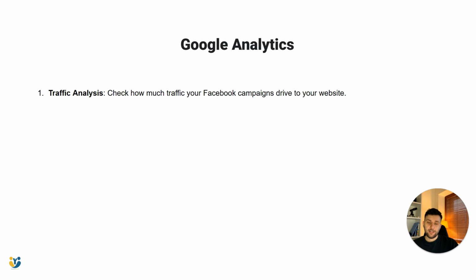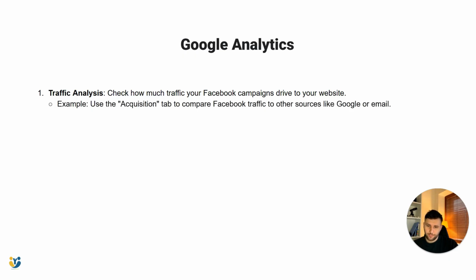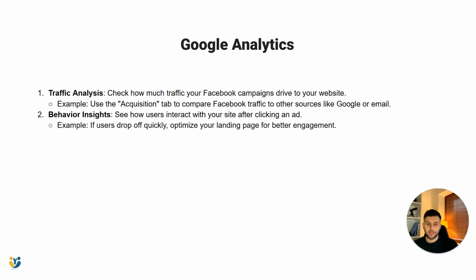So Google Analytics basically tells you how much traffic your Facebook campaigns drive to your website. For example, you can use the acquisition tab to compare Facebook traffic to other sources like Google or email. It also lets you see behavior insights, so you can see how users interact with your site after clicking an ad. For example, if users drop off quickly, you will then optimize your landing page for better engagement.